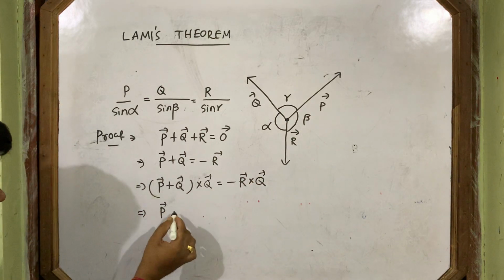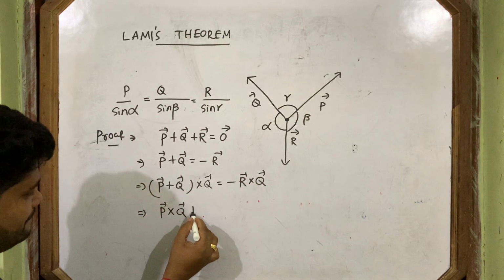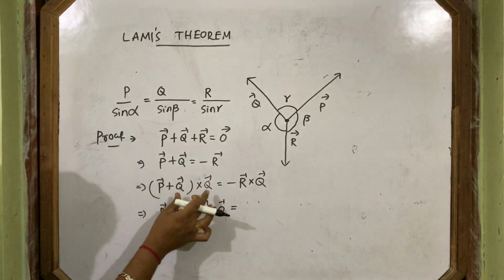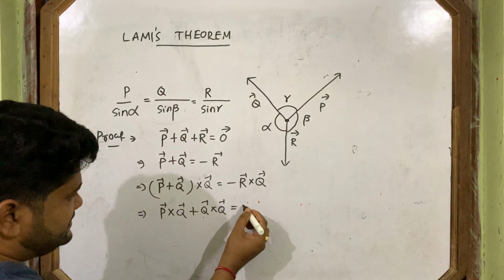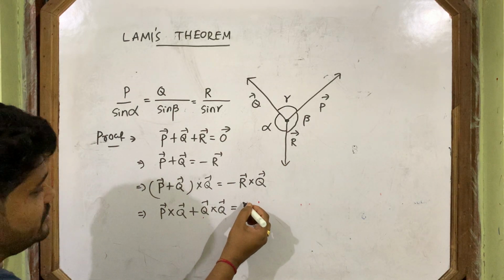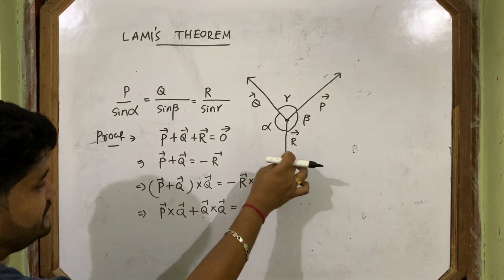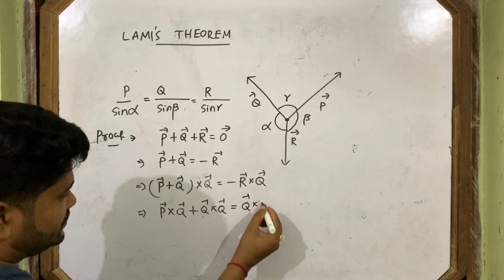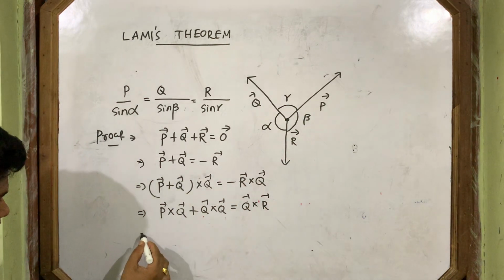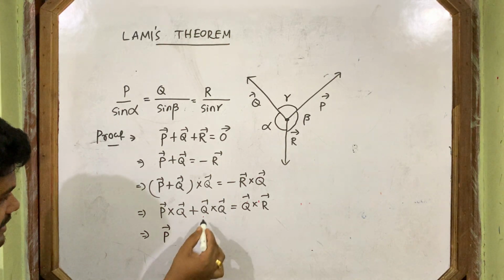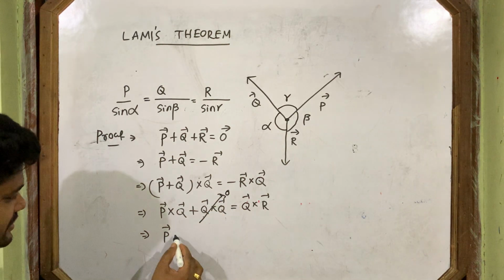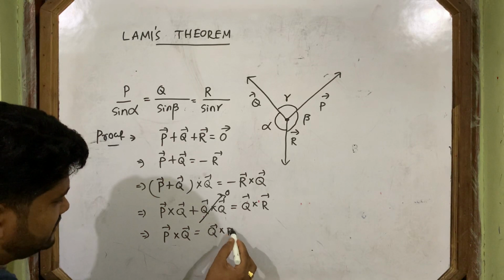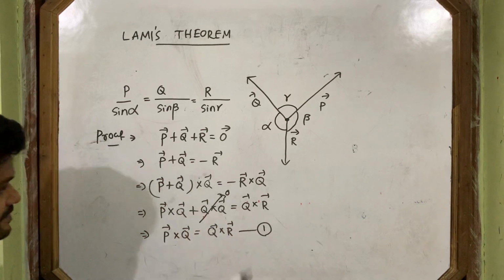So P cross Q plus Q cross Q, I just open the bracket here, is minus R cross Q. But to make it in order, first P, then Q, then R comes. So let's make it Q cross R. What are we getting here? Q cross Q is 0. So P cross Q is equal to Q cross R. This is equation number 1.